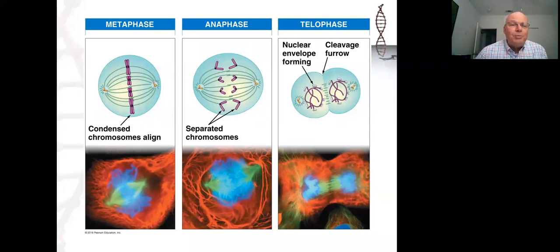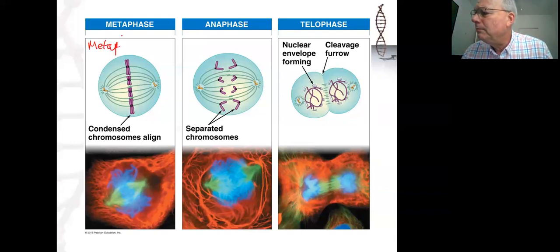Anyway, the initial movement is to get all of the chromosomes lined up in the center of the spindle structure, what is referred to as the metaphase plate or metaphase equator. This is a virtual line across the center of the spindle.